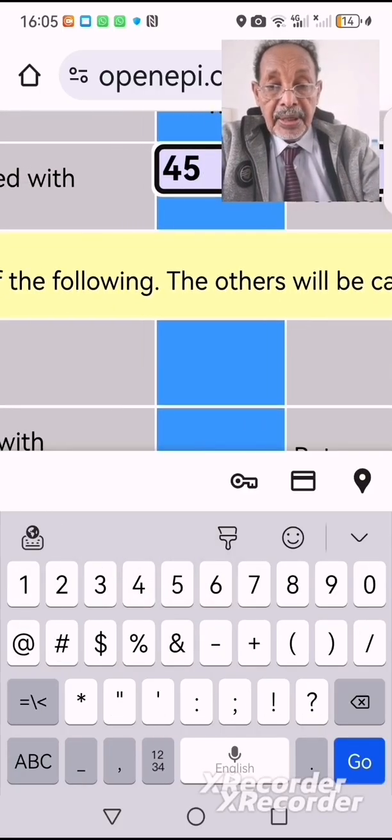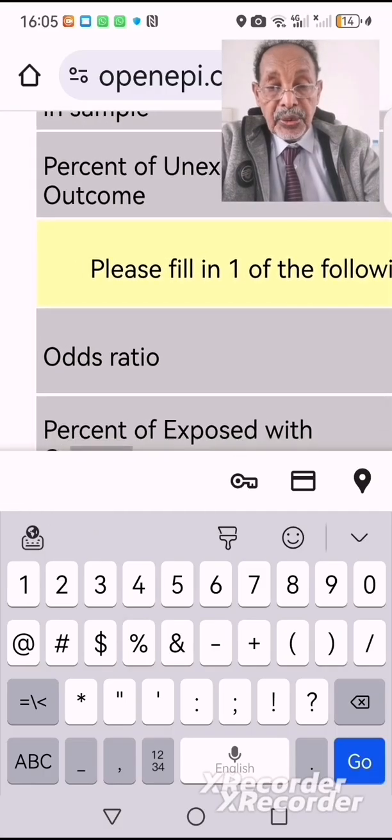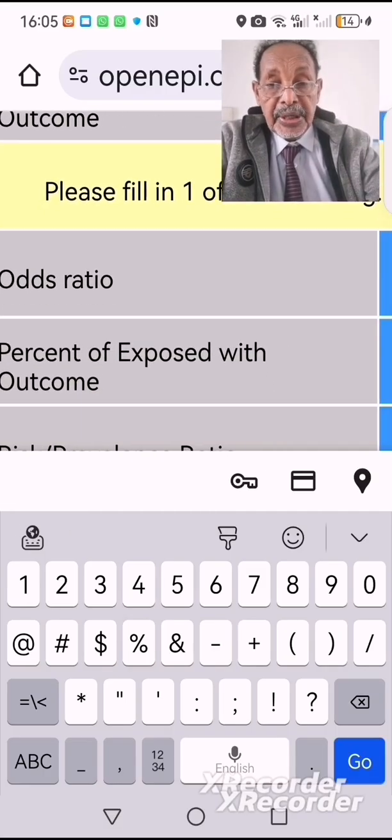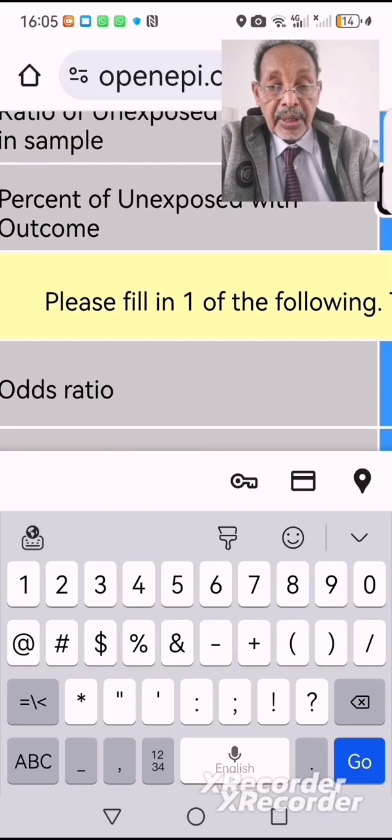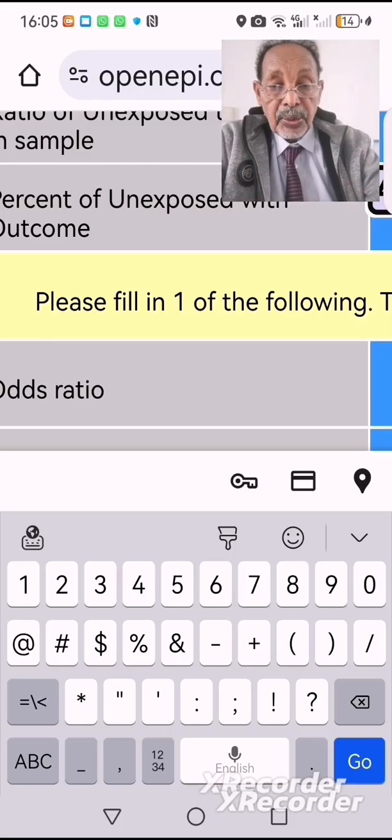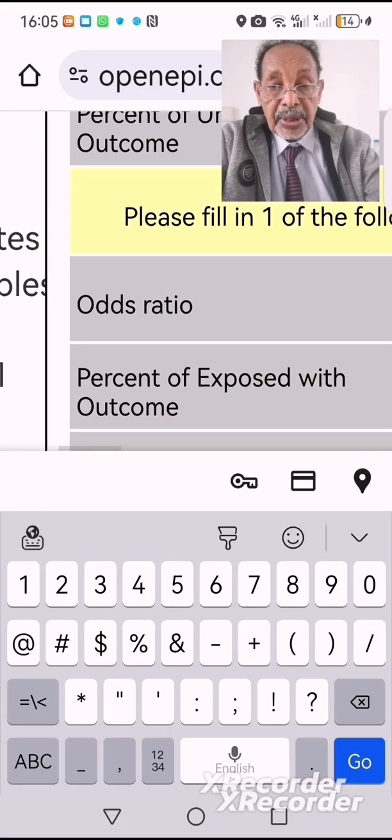And then it will ask us if we know the odds ratio. Here it says, please insert one of the following. Not all three, it is only one of the following.